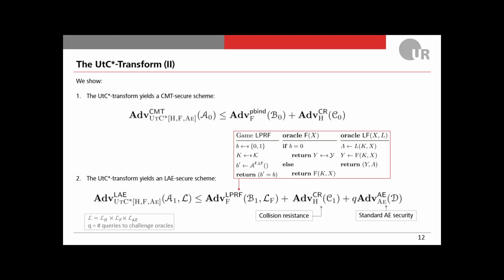And I wonder what you can say about the standard AE security of the new construction. Yeah, we have not thought about that yet. You mean if it has some advantage for the normal AE security? Normal, if we can focus on the normal AE security, maybe you can prove stronger. It may inherit the original AE bounds, and you may have stronger security bounds. Yeah, I think we would have to look into that. Okay, thank you.